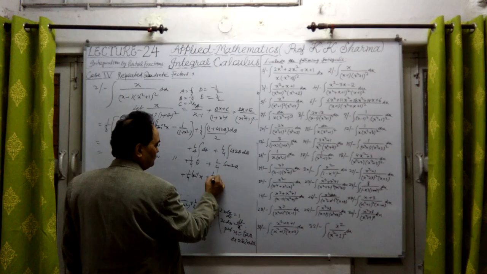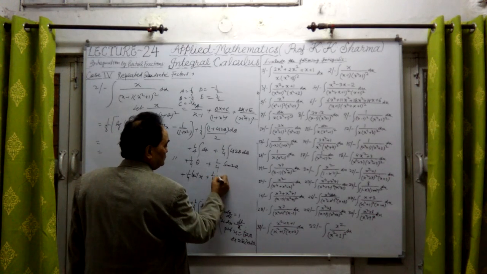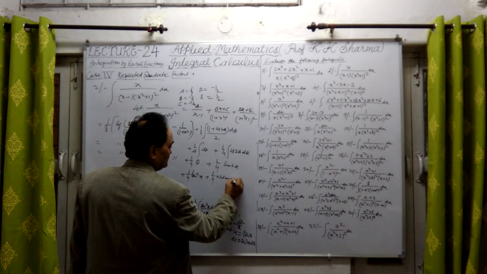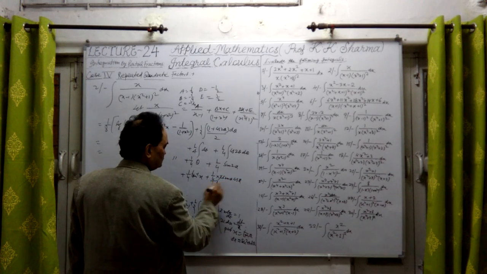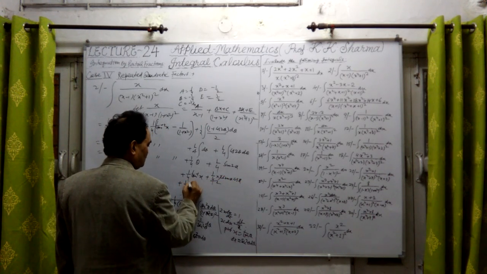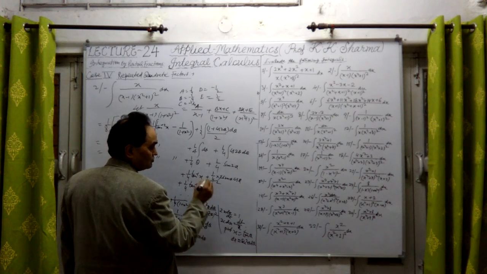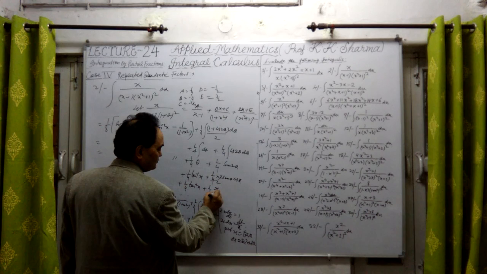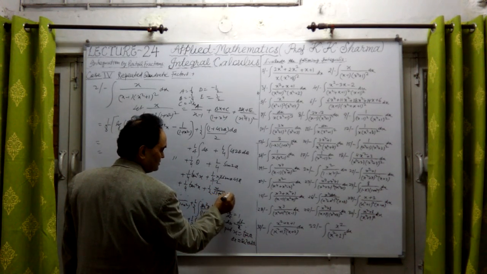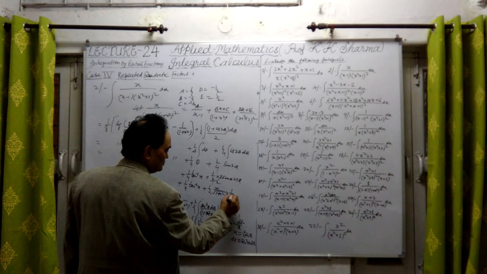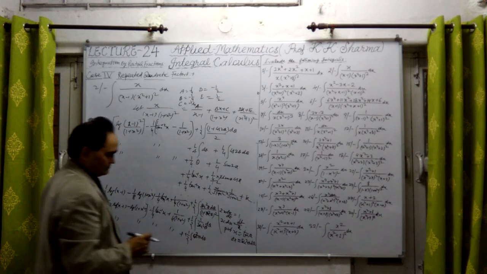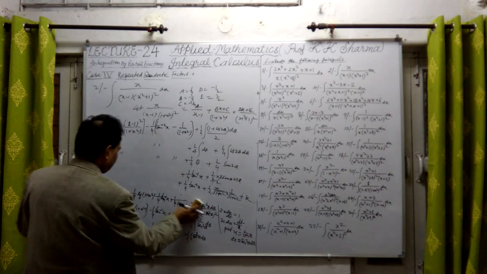Plus this is 1/4 into 2 sine theta into cos theta. Will cancel out. This is plus 1/4 tan inverse x plus 1/2 of sine theta, where we considered x upon under root 1 plus x square, as in the previous question, into 1 upon under root 1 plus x square, plus constant.